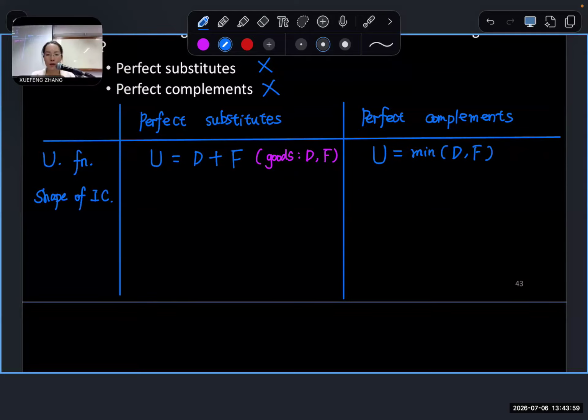For perfect substitutes, it's a straight line. But for perfect complements, it looks L-shaped. It's a kink.